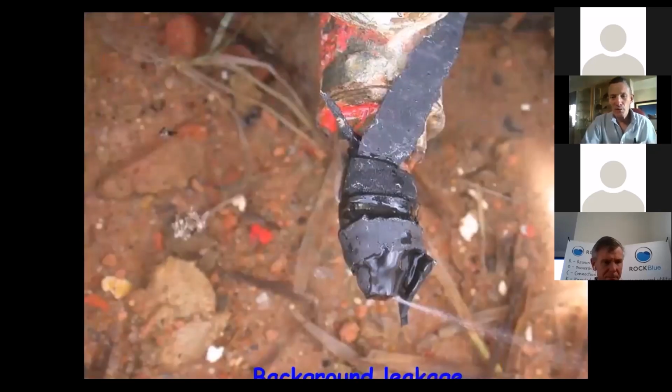However, we then have background leakage, and in this particular case you can see a tiny leak here that is occurring from a pipe in a system, and most people would not really worry about background leakage.